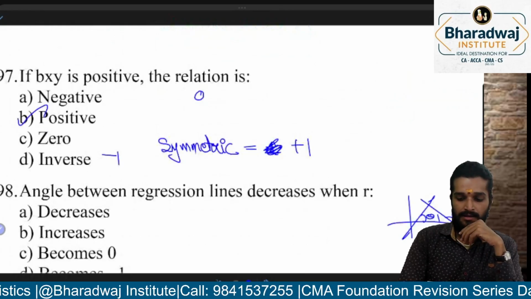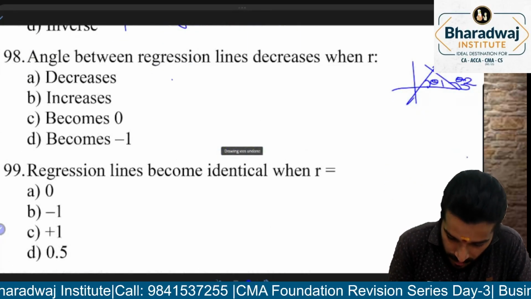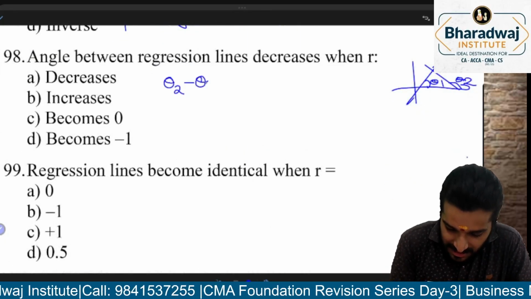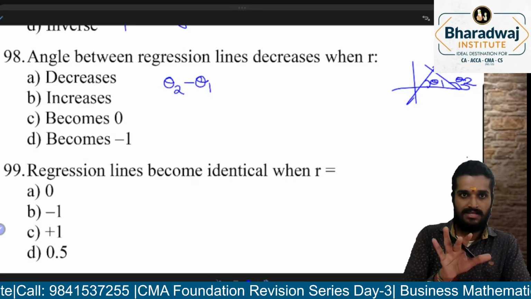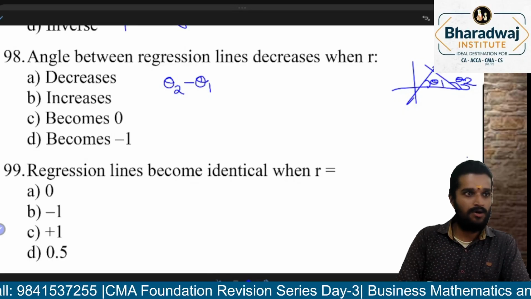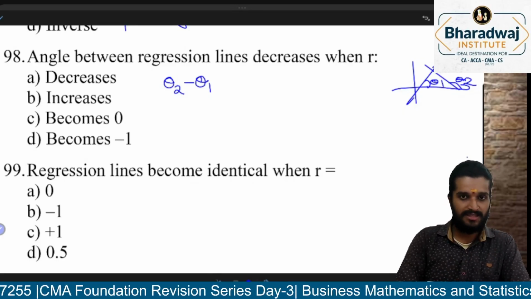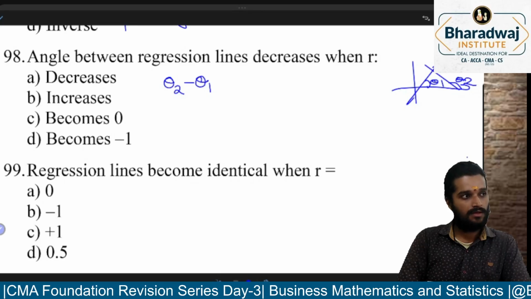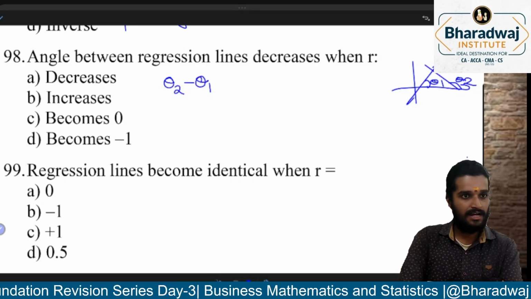I have to find theta 2 minus theta 1. That's the angle between two regression lines, right? Theta 2 minus theta 1 or theta 1 minus theta 2, whatever it may be. I am taking it in the positive sense, in the anti-clockwise direction, so I am considering it as theta 2 minus theta 1.